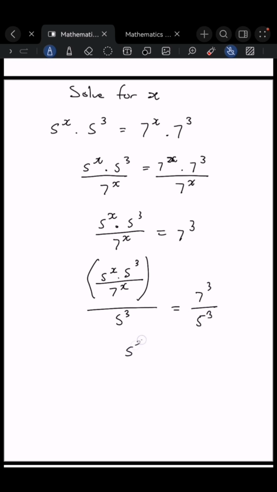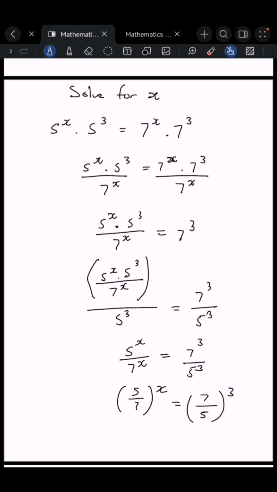Therefore 5 to the x over 7 to the x is equal to 7 to the 3 over 5 to the 3. You say 5 over 7, x is equal to 7 over 5 to the 3. Therefore, x is equal to negative 3.